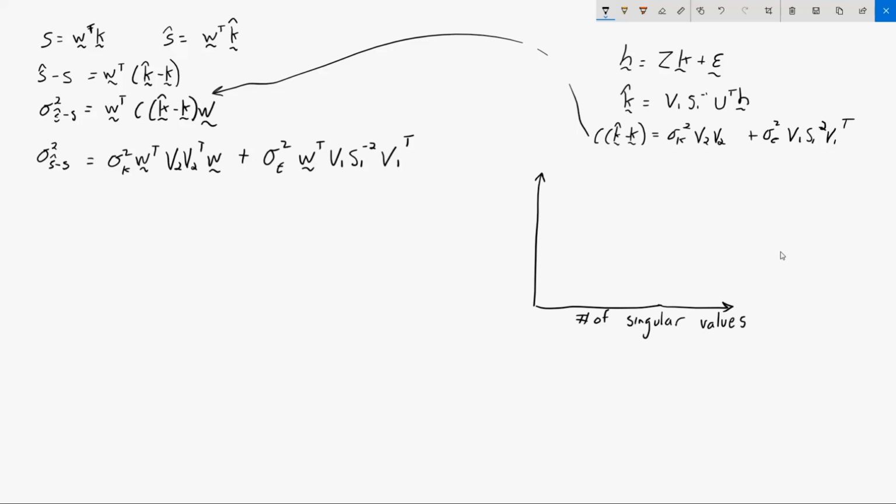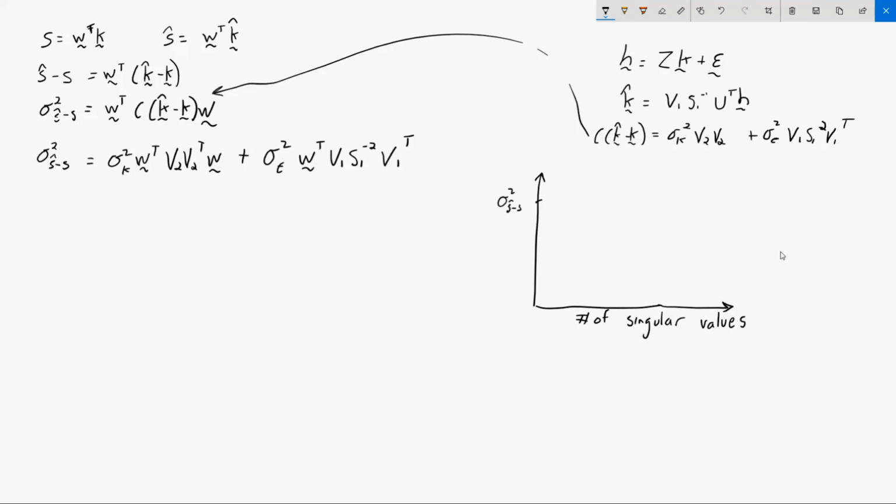If I truncate at 0 singular values, that is, if I do not calibrate at all, if I don't do any history matching, then the error variance of my prediction is equal to the uncertainty of that prediction without any history matching at all.